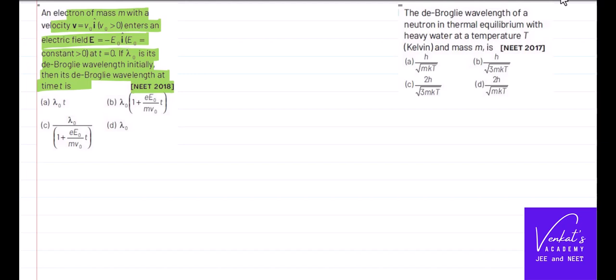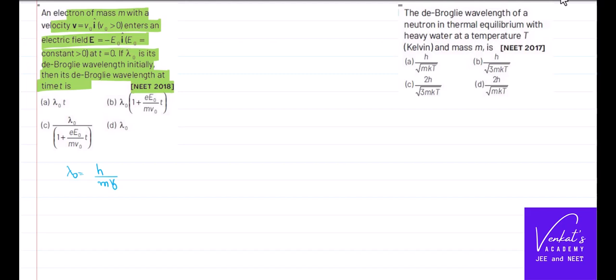Well, first let's write lambda naught. Lambda equal to h by p, or h by mv. When the velocity is v naught, the respective wavelength is lambda naught. That is given for us.